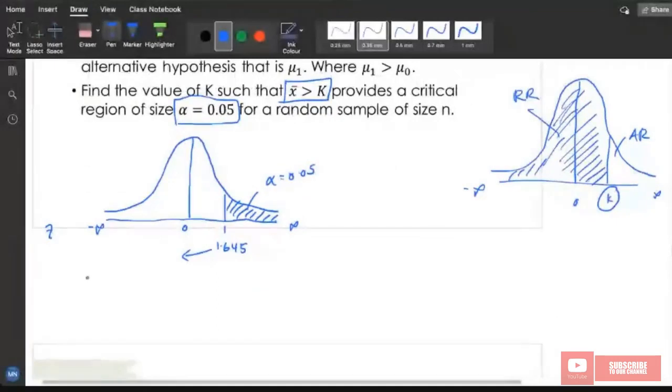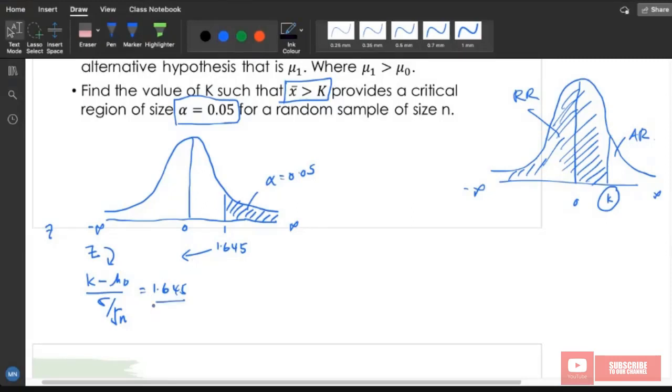So z is k minus mu naught divided by sigma over square root of n, and it should be equal to 1.645. This is z, and this is the value of alpha. From here, you can find the value of k.